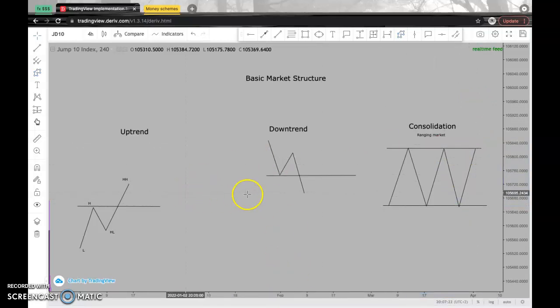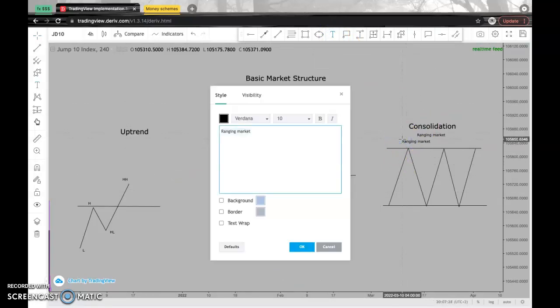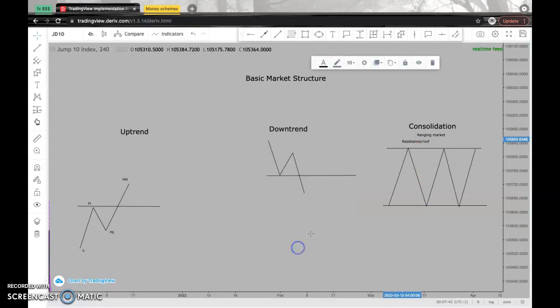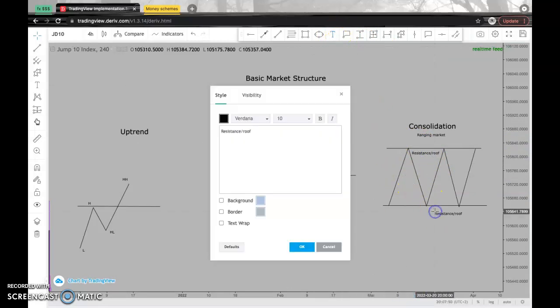Okay. So this is when price is consolidated within a resistance area. Resistance, or some people better know it as the roof. And support area, some know it as the floor. Cool.